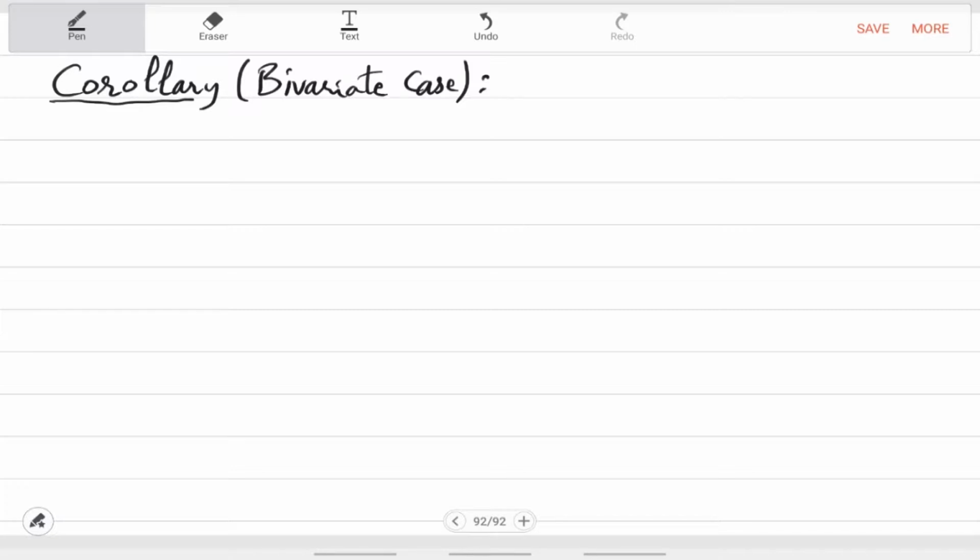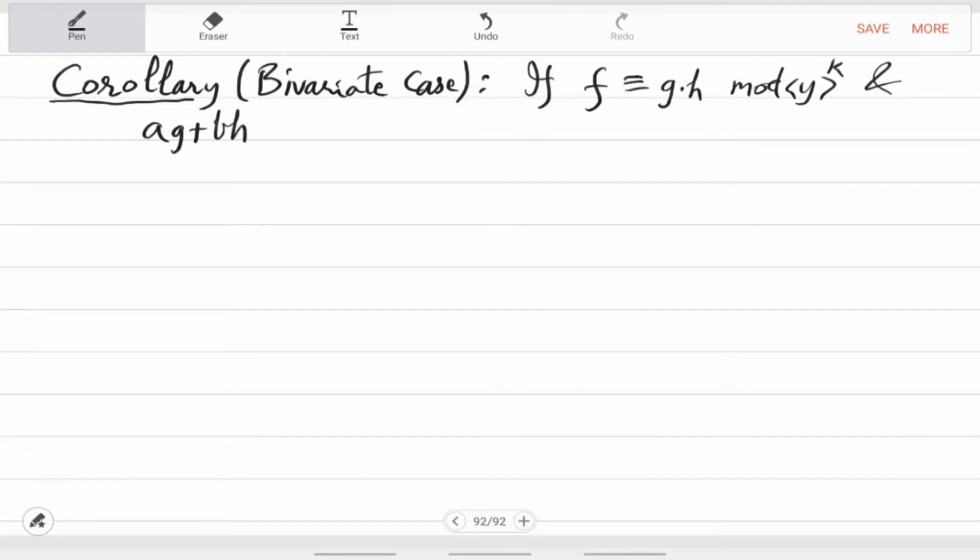So say f = g times h mod y to the k, and this is co-prime, so there is ag plus bh. Moreover g is monic.